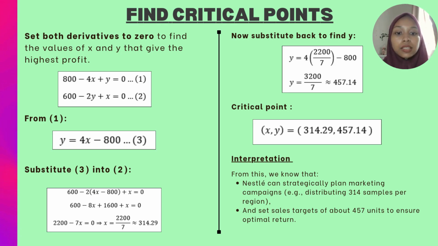So we get the critical point is 314.29, 457.14. From this, we know that Nestle can strategically plan marketing campaigns, distributing 340 samples per region and setting a sales target of about 457 units to ensure optimal return for the company.